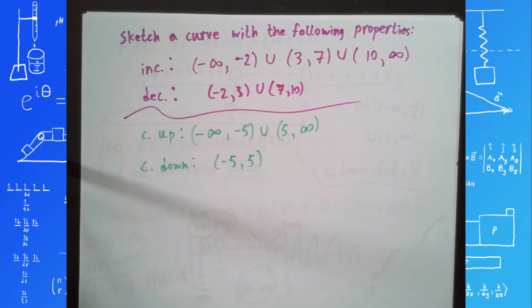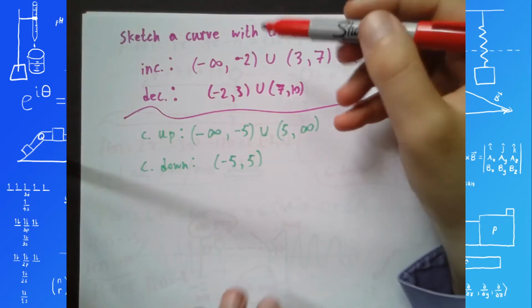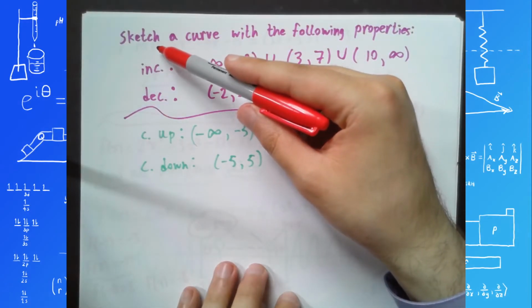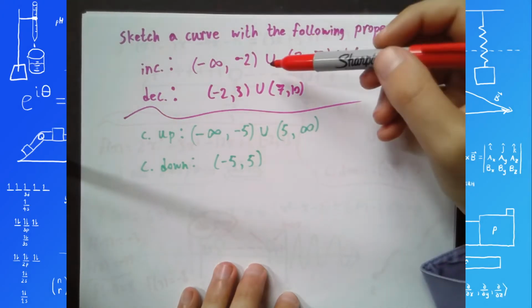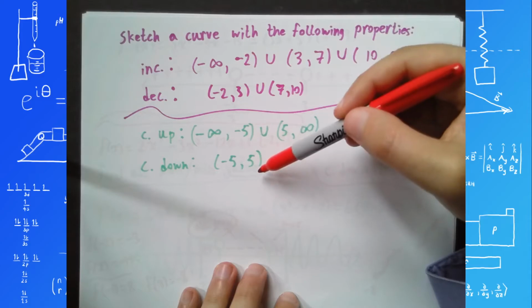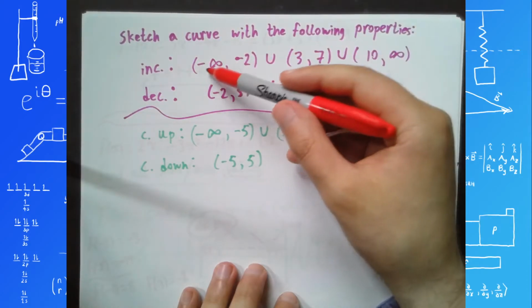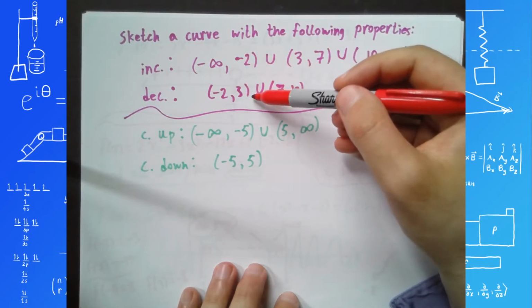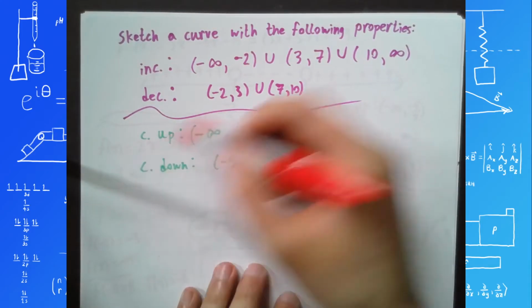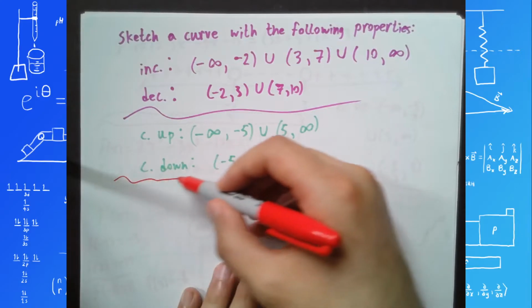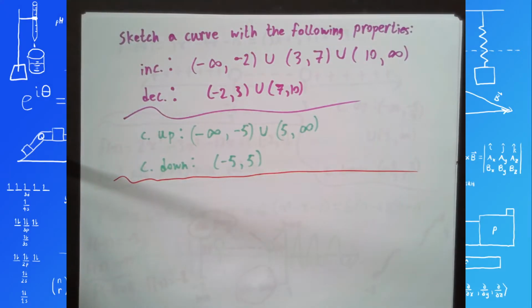So if they don't tell you about the x and y intercepts, you can make the x and y intercepts be whatever you like them to be. And sometimes, instead of listing it out like this, they'll give you graphs of the first and second derivatives, and you're supposed to use that to figure out the intervals of increasing, decreasing, and upward and downward concavity. So that's a variation on this problem, but it's still the same thing.